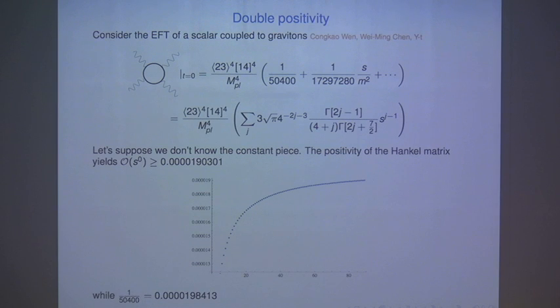Then you can plug the remaining coefficients into this Hankel matrix, and positivity and unitarity tell you that this Hankel matrix has to have positive minors. And that constraint bounds this first coefficient. And so this is the lower bound on this coefficient. And you see it's asymptoting to a fixed number, and this fixed number is exactly the number that you have in the beginning. Okay, so this is a very useful constraint.